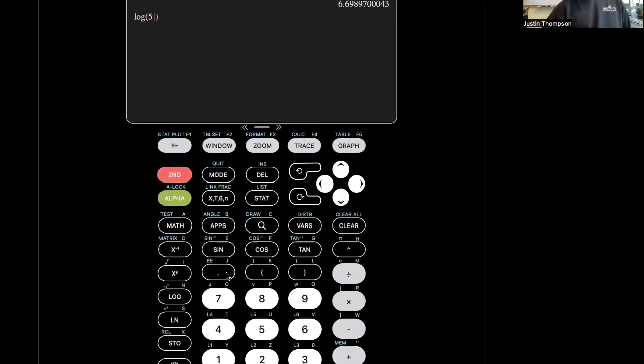And now when I hit this key where I see the 2 E's, it gives me that little E, which means times 10 to the, and then I put 6. End parentheses. That means the same thing. That's how you use scientific notation on a scientific calculator. And then you do it and you get the same thing.